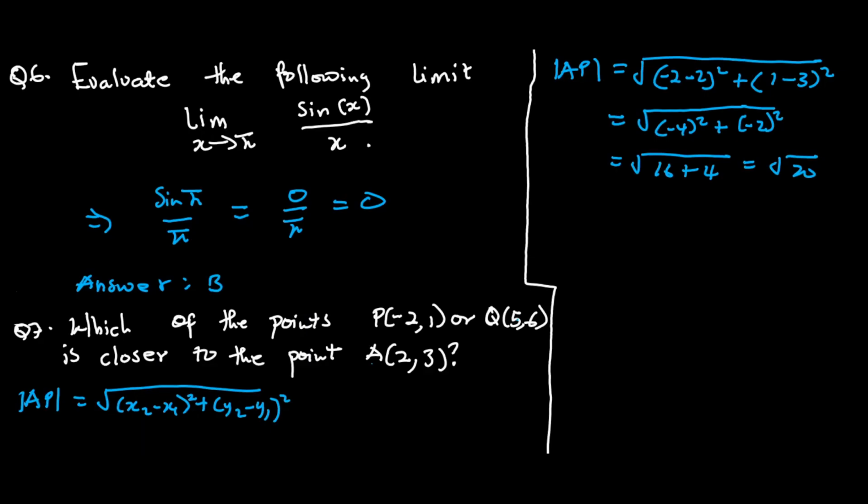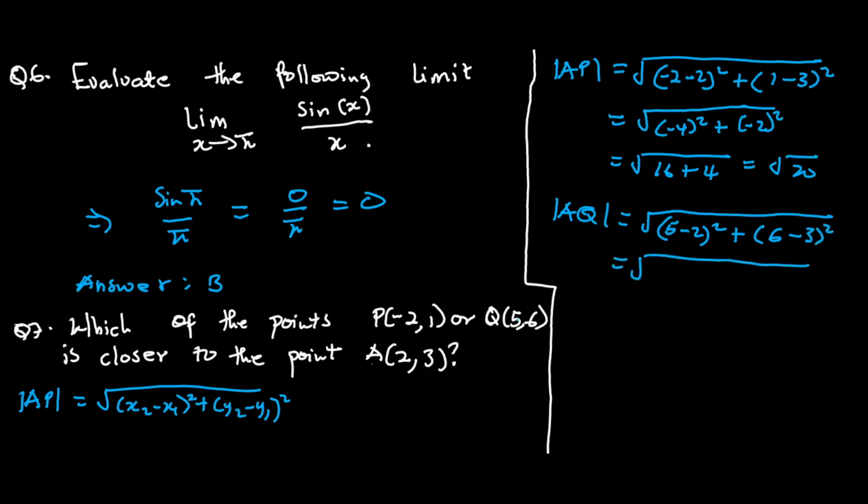Then we look for the distance between A and Q. I'll use Q as x2 y2. In that case we have (5 minus 2) squared plus (6 minus 3) squared, and this will give us the square root of 3 squared plus 3 squared, which is root of 9 plus 9, equal to root of 18.